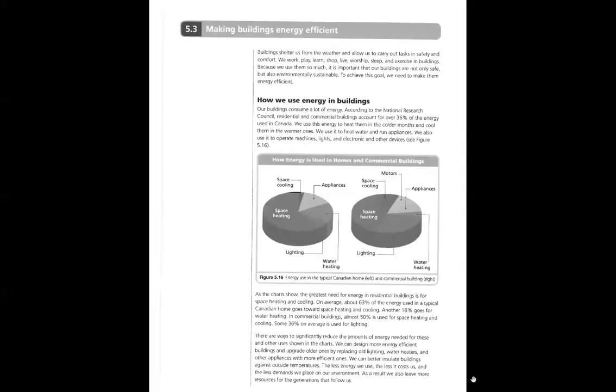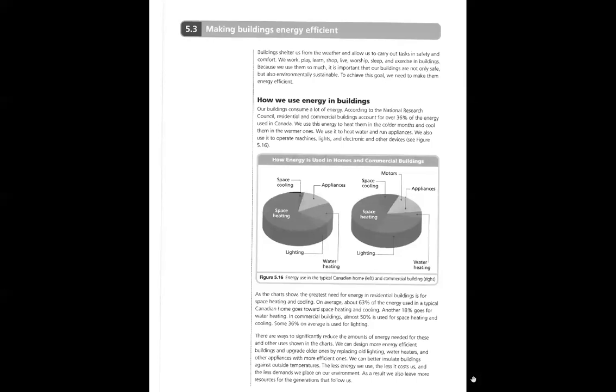Lesson 18, section 5.3 of the textbook, was making buildings energy efficient. So the first thing we looked at was how we actually use energy in buildings. We talked a lot about how if we reduce the amount of energy we use, we reduce the amount of energy we need to produce, right?